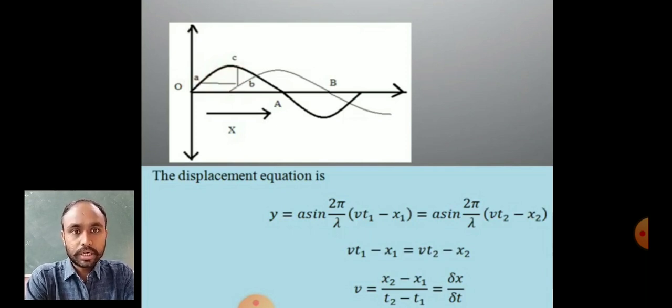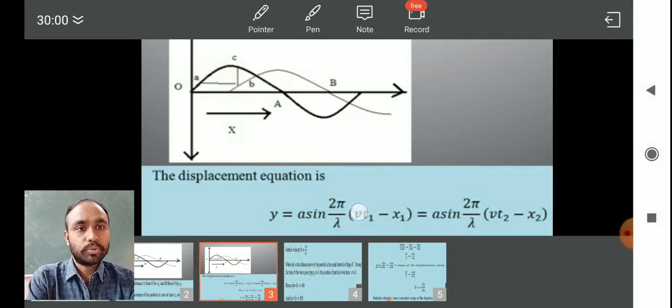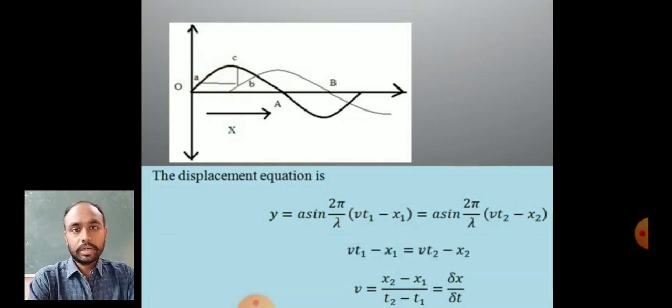The displacement equation. This equation might be familiar to you. The displacement equation, y is equal to a sin 2π/λ (vt1 − x1). Yes, this equation you have seen in the simple harmonic motion chapter in 12th, as well as in the first year also.